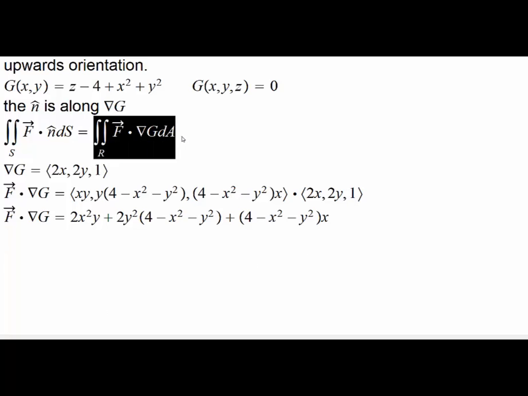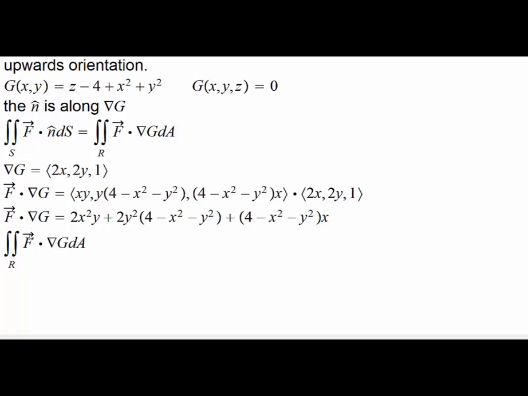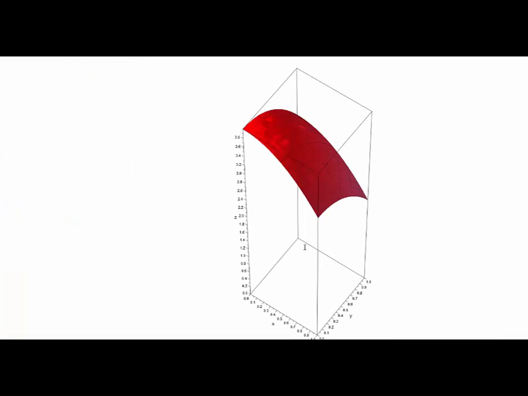And then when we go to evaluate this, it is going to be the double integral of this quantity. This is a square region in which x varies from 0 to 1 and y also varies from 0 to 1.